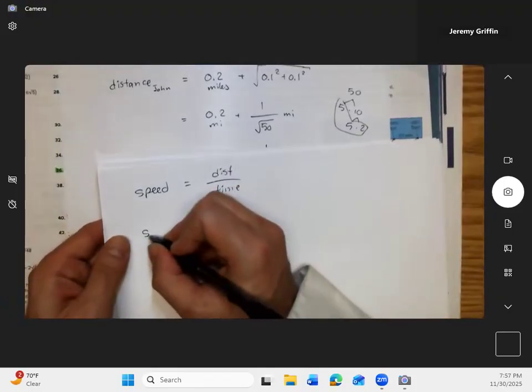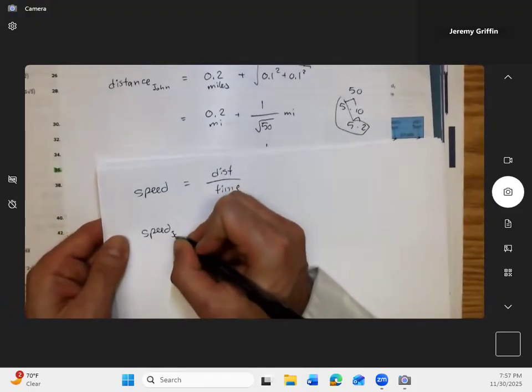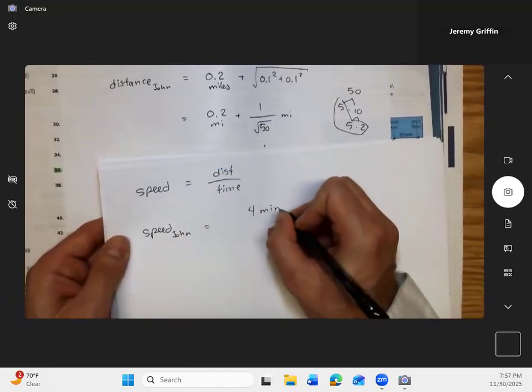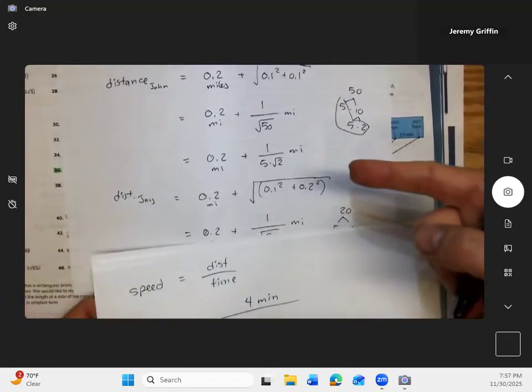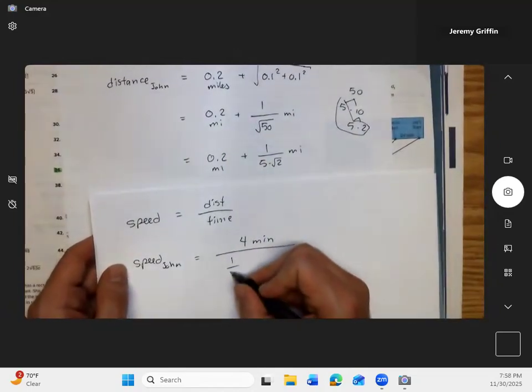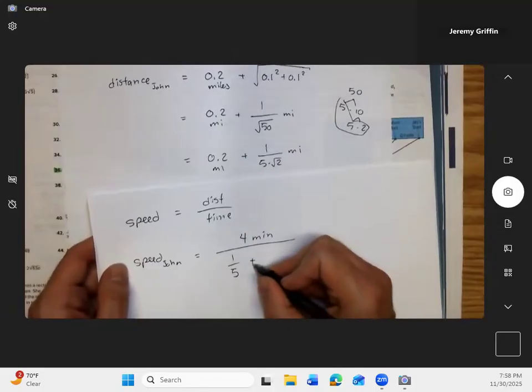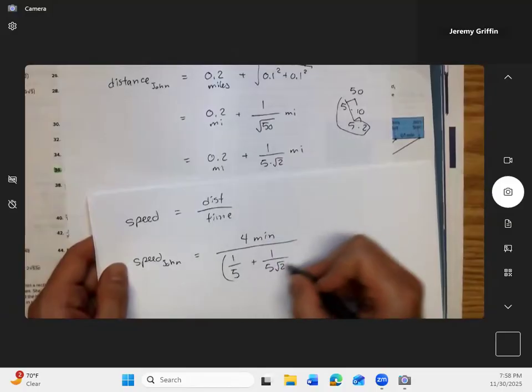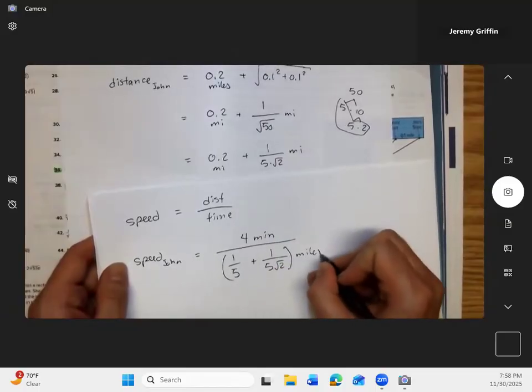So the speed of John would be, he did it in 4 minutes, he went this far, 1 over 5, that's what 0.2 is, plus 1 over 5 root 2. And this would be miles.